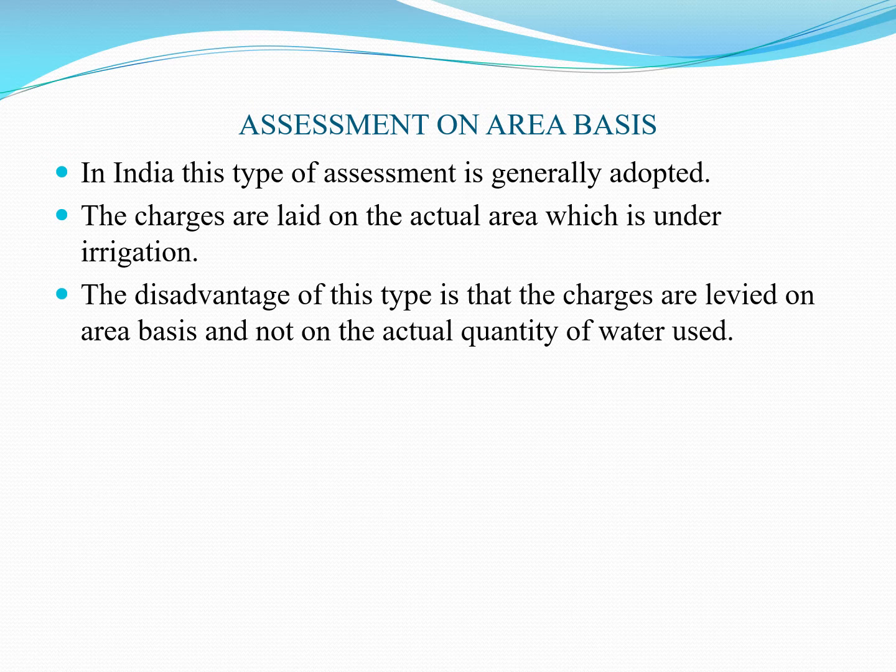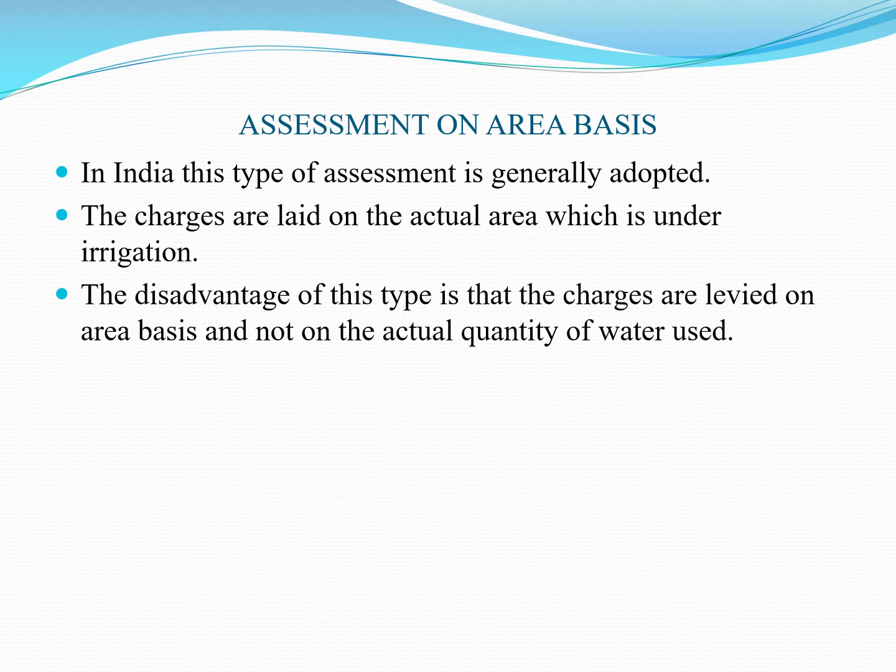The second method is assessment on area basis. In India, this type of assessment is generally adopted, and in this method, the charges are levied on the actual area which is under irrigation, not on the actual volume of water supplied.